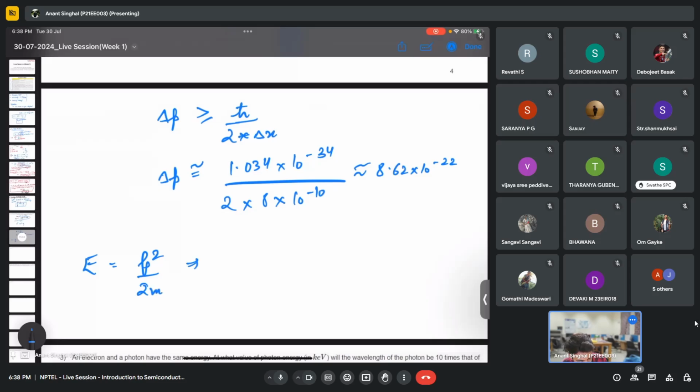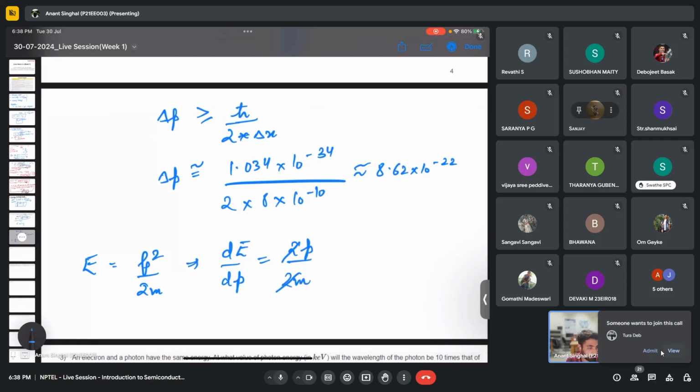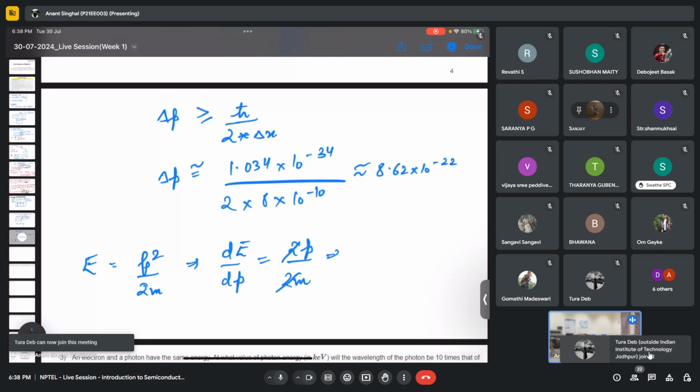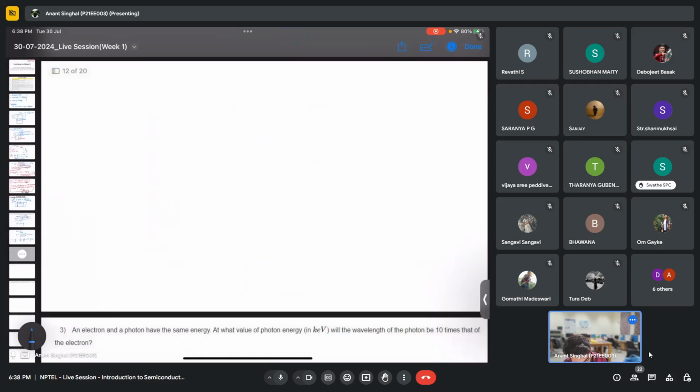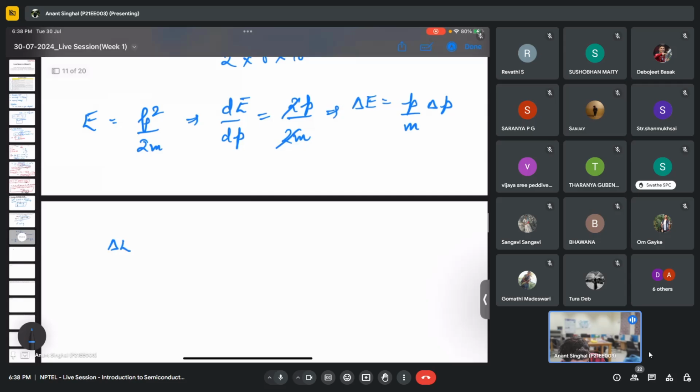So what we can do is differentiate both sides to calculate the uncertainty. So this will be 2p by 2m. This 2 will get cancelled, and what we get is the uncertainty in energy equals p by m times the uncertainty in momentum. So this is what we have in our hands now: delta E is p by m times delta p.